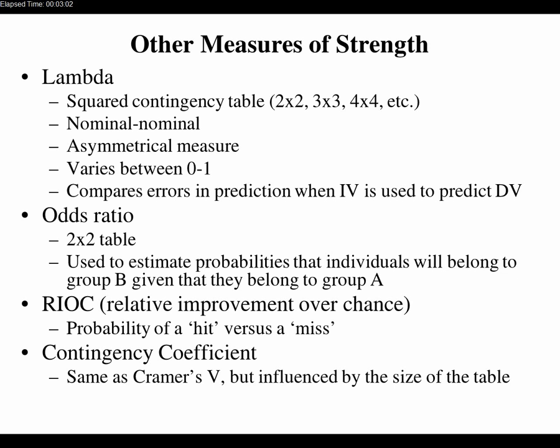And then the relative improvement over chance, or RIOC, is a probability of a hit versus a miss, and a contingency coefficient is the same as Cramer's V, but it's influenced by the size of the table. Okay, now that I've told you about those, you could go ahead and forget them for now.